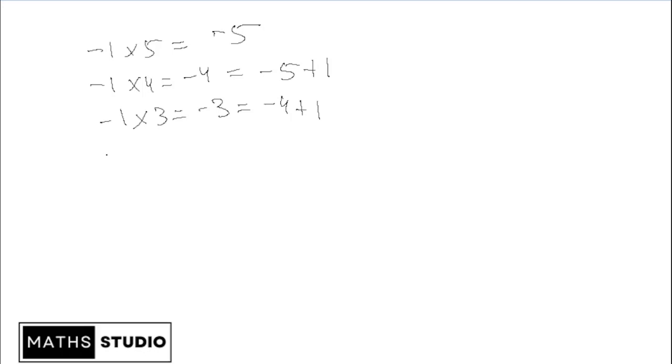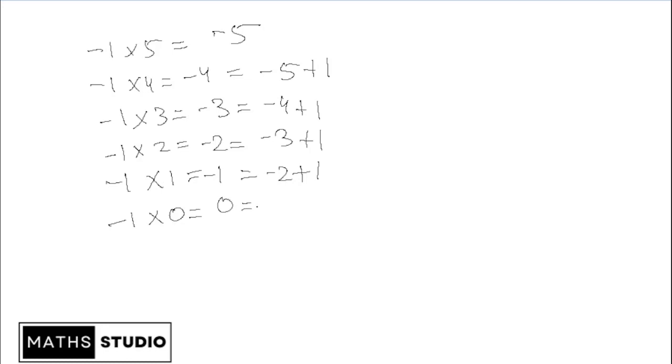Minus 1 into 2 is minus 2, which is minus 3 plus 1. Minus 1 into 1 will give me minus 1, which is minus 2 plus 1. And finally, minus 1 into 0 will give me 0, which is minus 1 plus 1. So we are having a pattern over here.